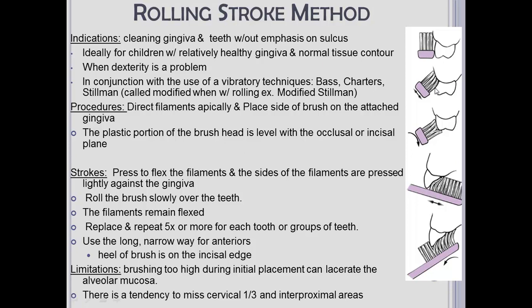Okay, you're going to roll the brush slowly over the teeth, and you're going to repeat that 5 times. And then again, you use the long, narrow section for the interiors. So some of the problems is people place the brush too high and they may lacerate the mucosa, and there is a tendency to miss the cervical third.